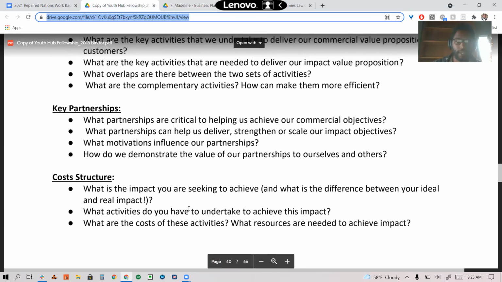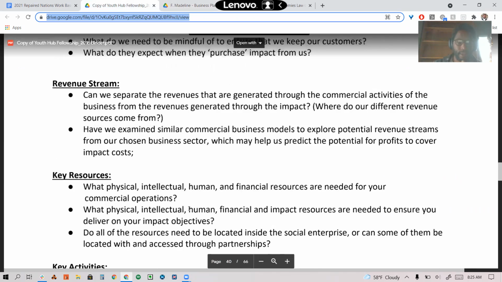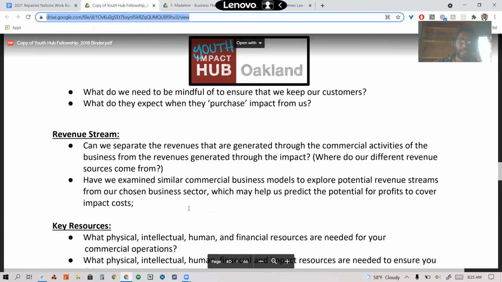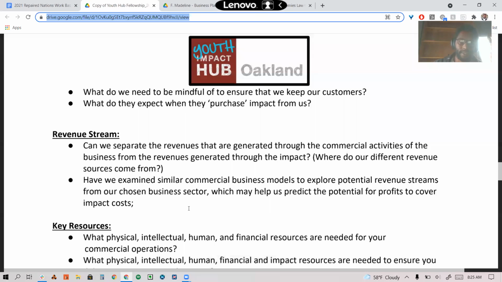The Youth Impact Hub asks: can we separate the revenues generated through commercial activities of the business? Have we examined similar commercial business models to explore potential revenue streams? All things you can consider.